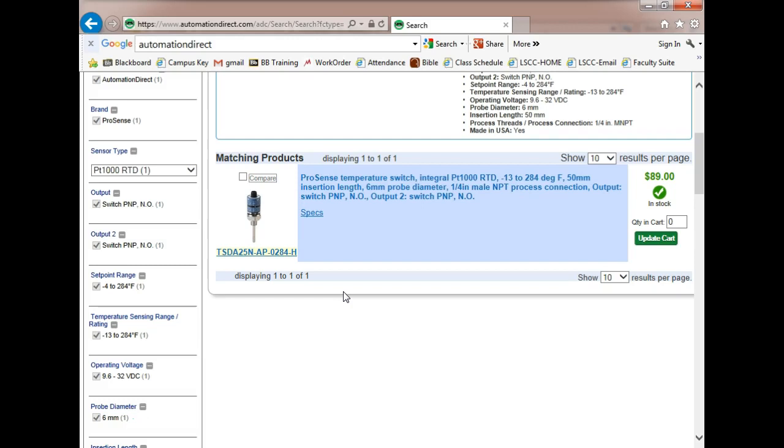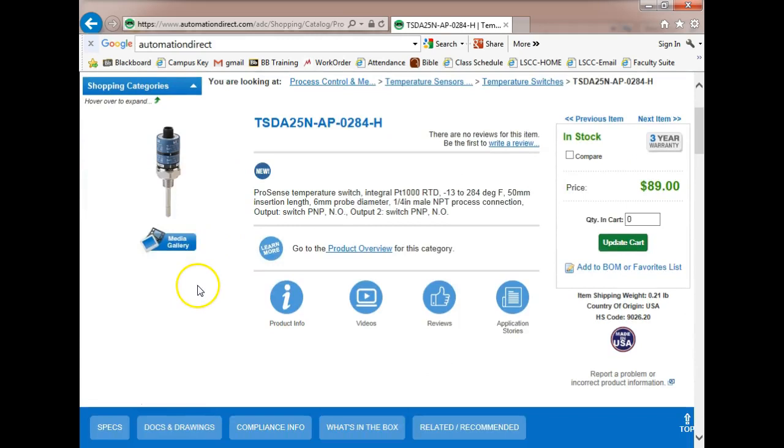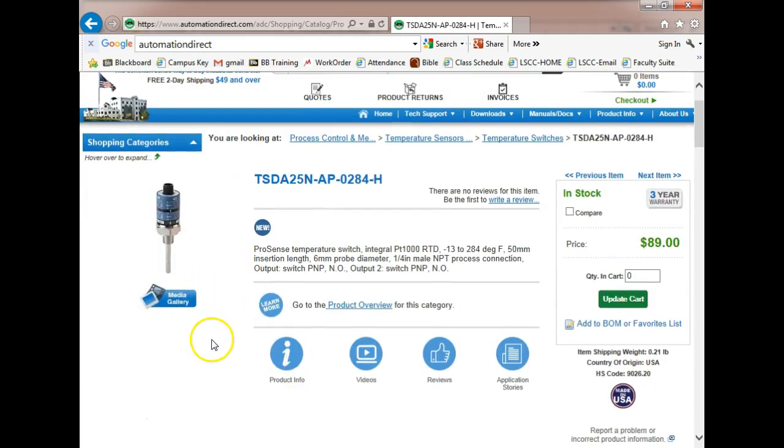TSD 250. I can see it. How much does that thing cost to fix?